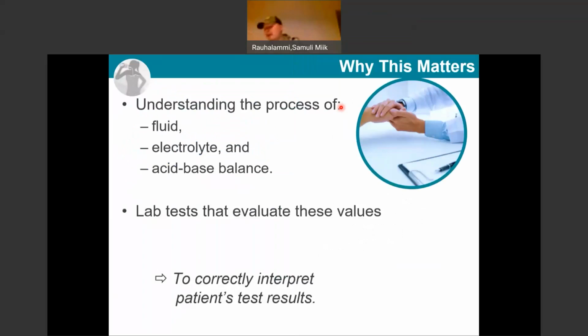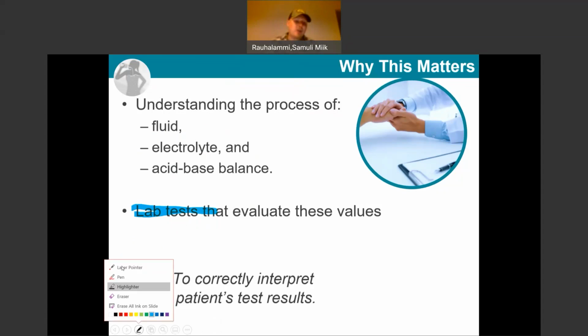Where I wanted to start was just to highlight the concept that in a clinical setting, it is going to be important for us to be able to understand lab results. These include, for example, labs that we can take from your blood or labs that we can take from your urine. We could be looking at how much water content, electrolyte content, pH content, things like that.